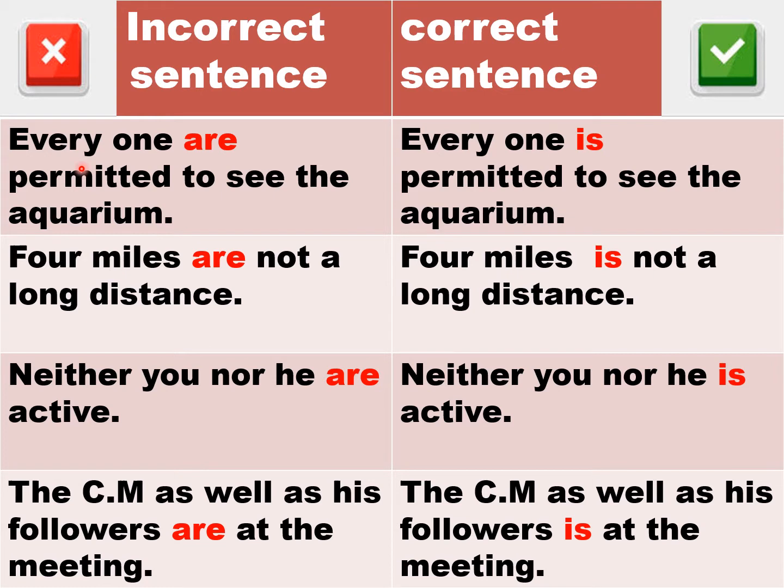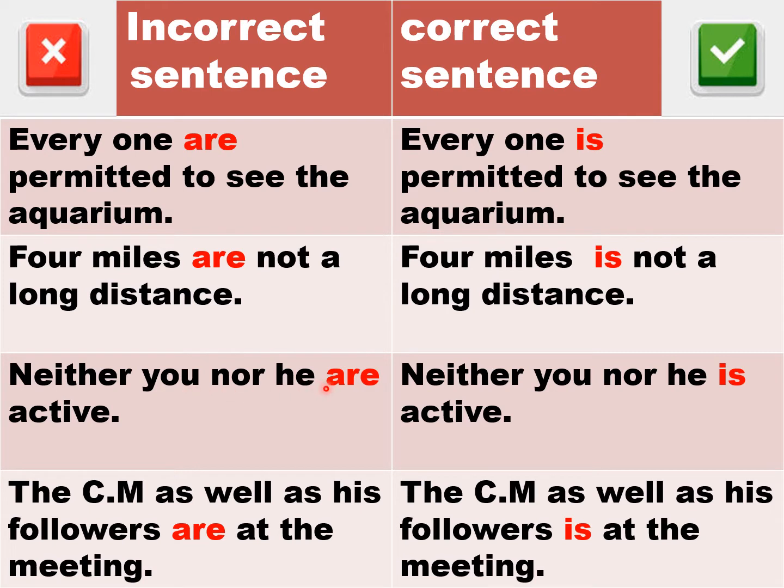The words every and each indicate a singular subject and a singular verb must be used. Everyone is permitted to see the aquarium. 4 miles are not a long distance. 4 miles is singular, so a singular verb must be used.